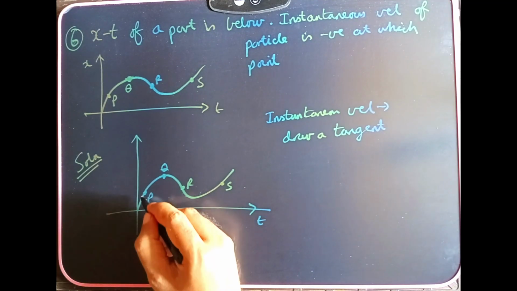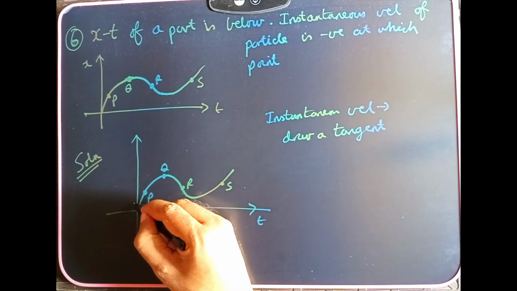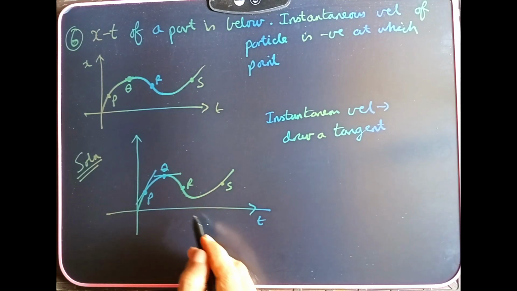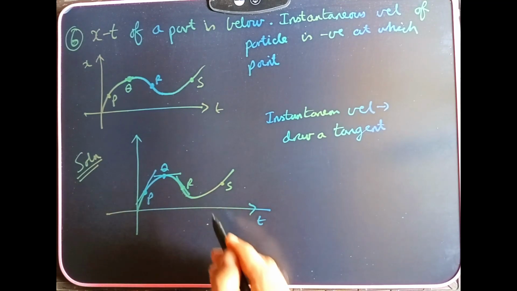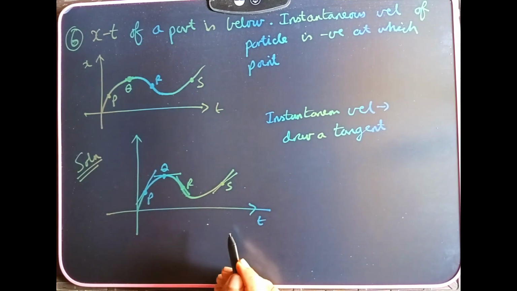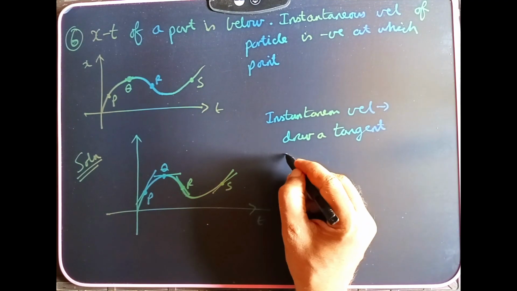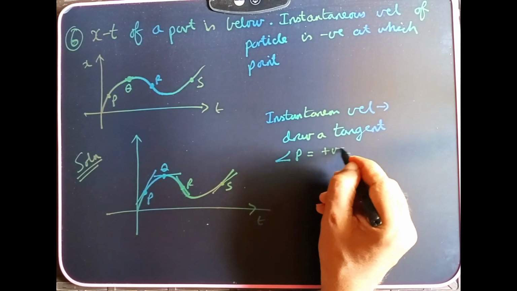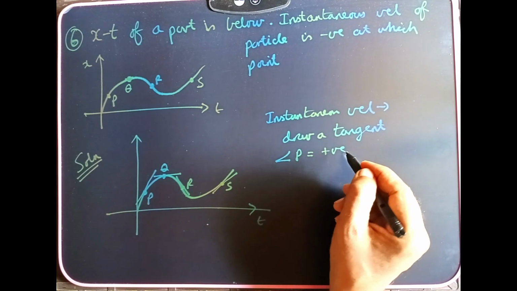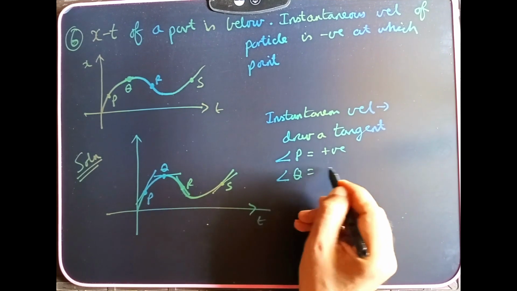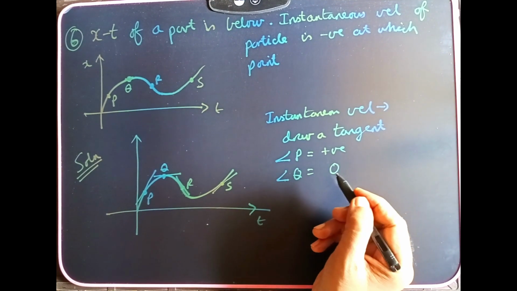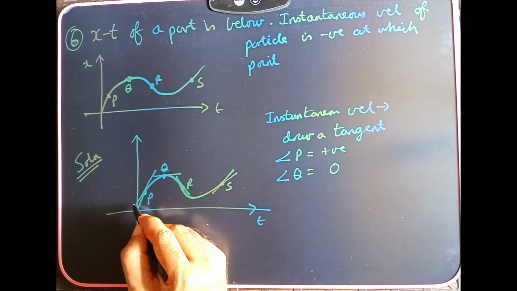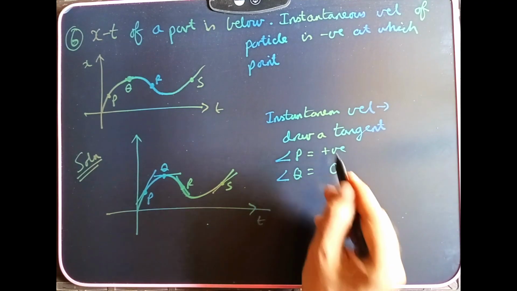Now let me draw a tangent at point P. At point P, I'll have a tangent something like this. At point Q, it will be like this. At point R, like this. At point S, like this. Now you can see that the angle at P is acute, so you get a positive slope. At point Q the angle is 0, so tan theta at Q will be 0. Tan theta at P will be positive.